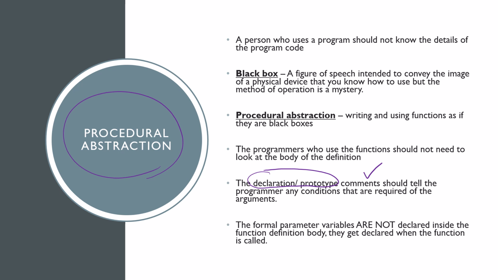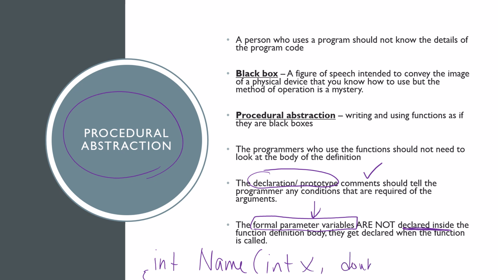Another thing to keep in mind is that when you have variables in your formal parameters, do not redeclare them inside the function. So if this is an integer function, the name of the function, and this is going to be the implementation, and it takes an int x, a double y, and a char c.